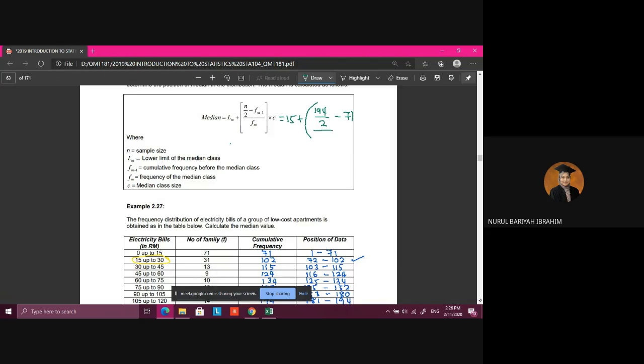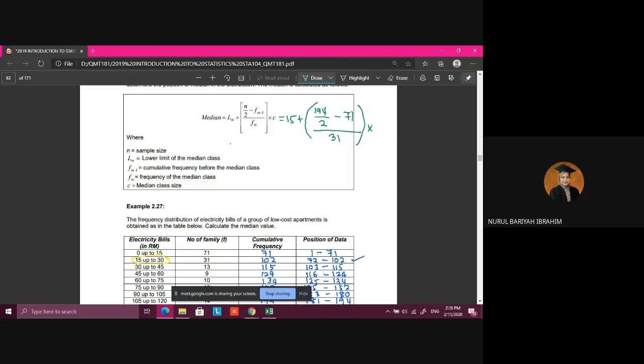All this divided by FM, which is the frequency of the median class. Look at the frequency column. The frequency for the median class is 31. Multiply by the class size. So from 15 to 30, what is the class size?